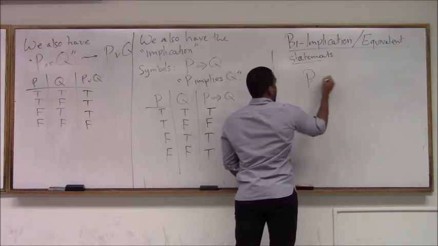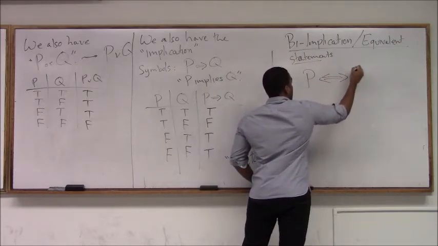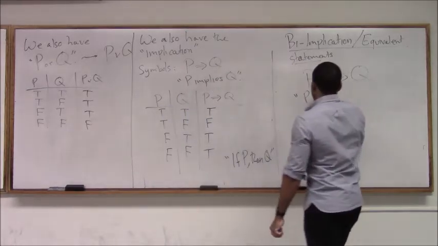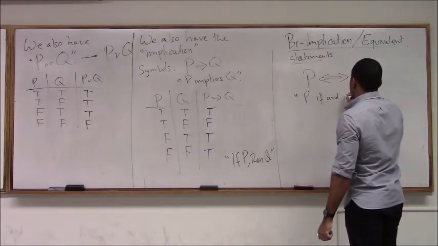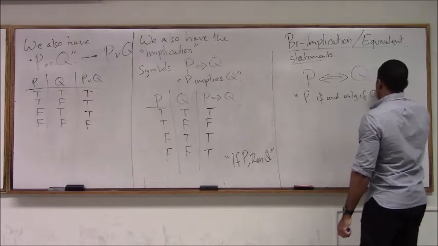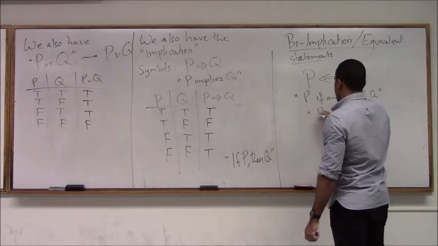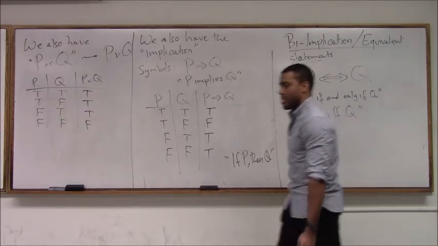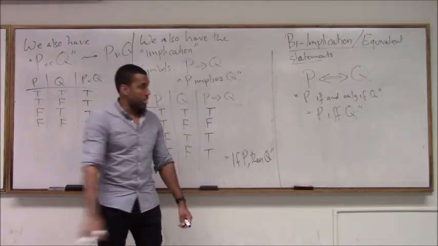The arrow goes both ways. I would refer to this as P if and only if Q, or I can refer to that as P iff Q. That's not a typo or a misspelling. It's on purpose that I wrote two F's.